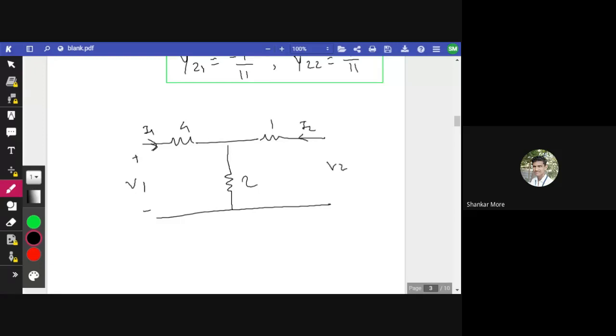Guys, please calculate Z parameters. Okay, Shardul has got the answers, all right.